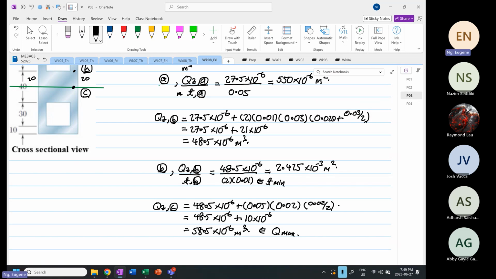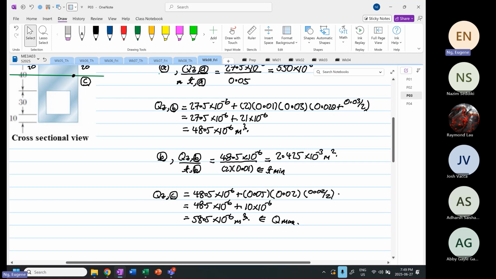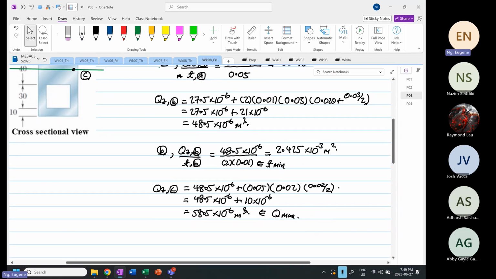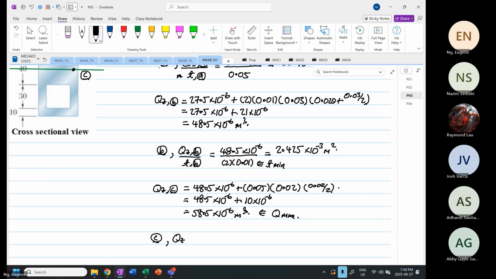So once you have formulated this, therefore at point C, QZ at point C divided by thickness at point C is equal to 58.5 times 10 to the power minus 6 divided by 0.05, which is equal to 1.17 times 10 to the power minus 3 meters squared.